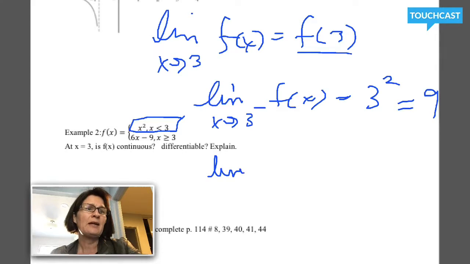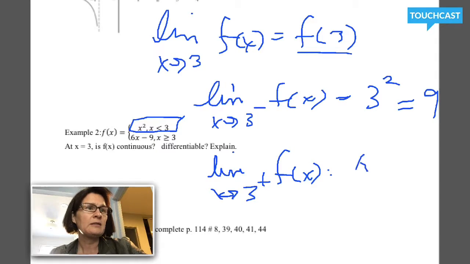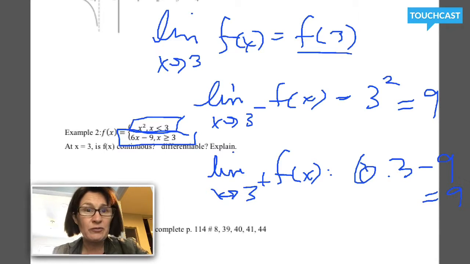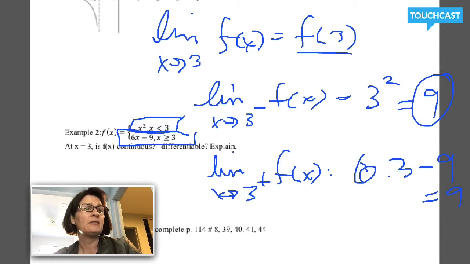Now I need the limit as x approaches 3 from the right of f of x. That's going to be 6 times 3 minus 9, which is 18 minus 9, which also equals 9. And the function value I get from using that same second rule, because that's the rule that has the or equal to sign for the domain. So the limit from the left equals the limit from the right, which is equal to the function value. So I conclude that f is continuous at x equals 3.